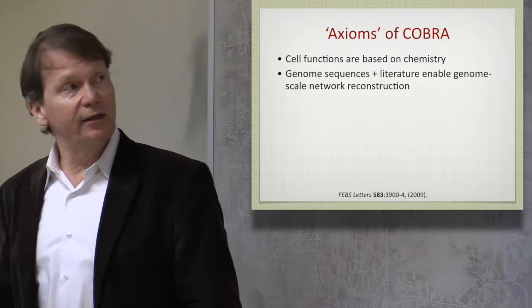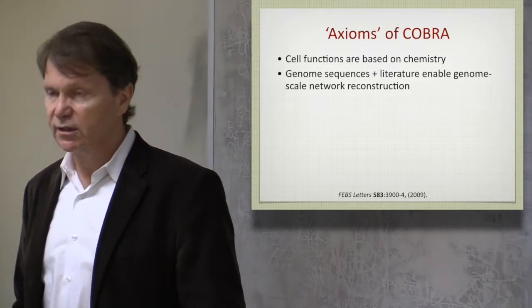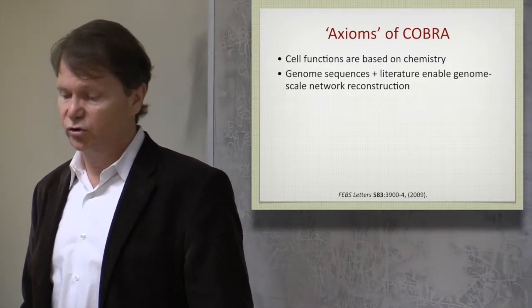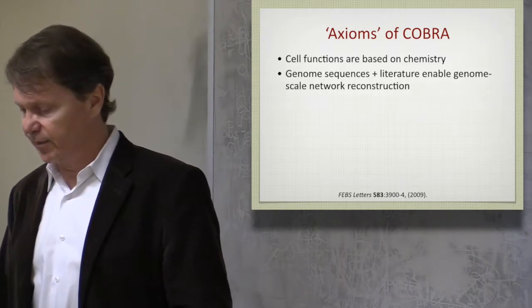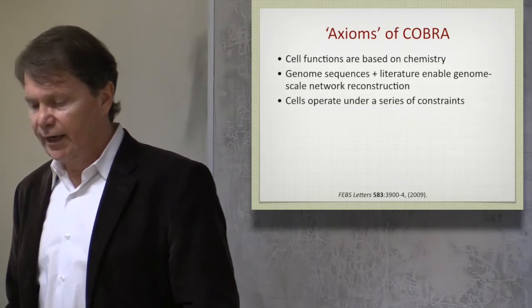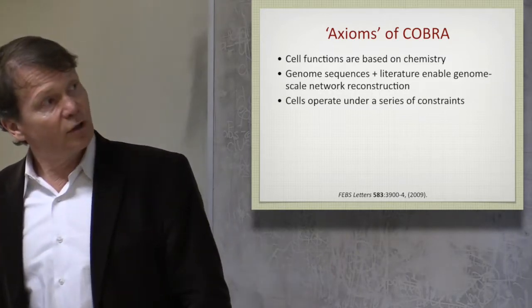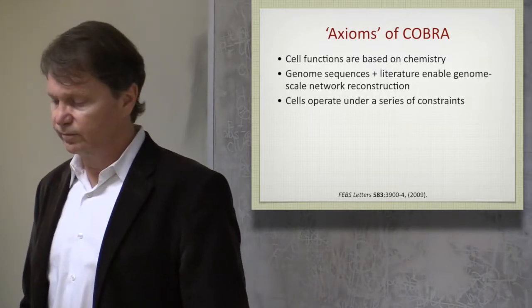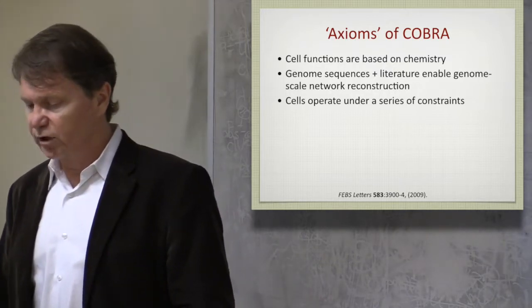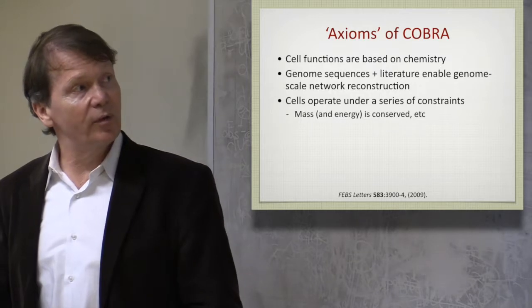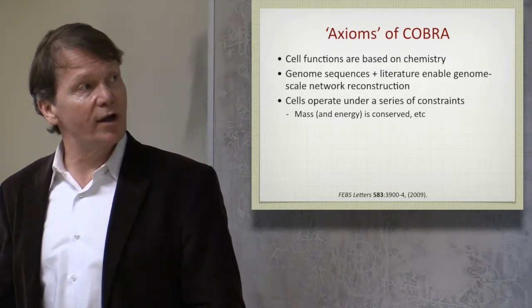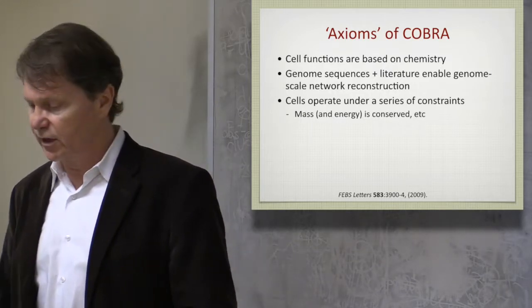And these can be gleaned from genome sequences and from the literature, and we can assemble all that chemical information. Cells operate under a series of constraints, and we talked about some of them. Many of them derive from the physical laws, like mass and energy balances.